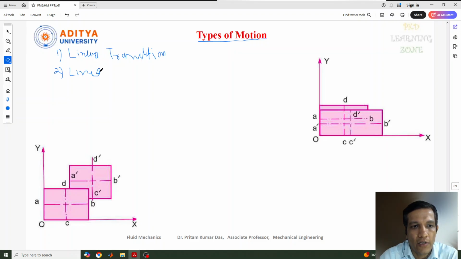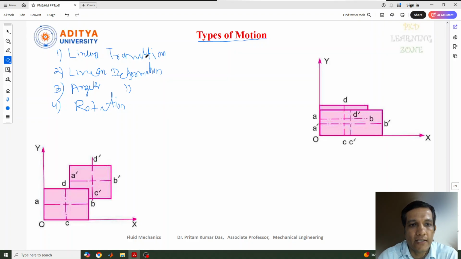This is translation, and the second one is deformation: linear deformation. And third is angular deformation. And the fourth one is rotation. So these are the four different types of motions: first, second, third, and fourth.